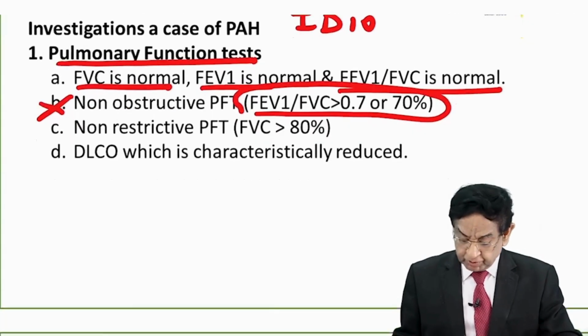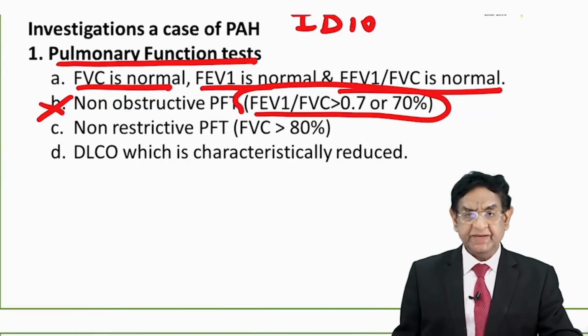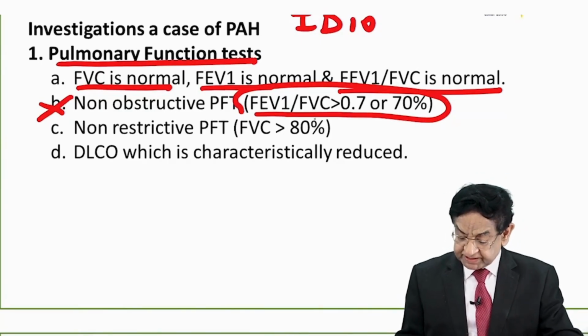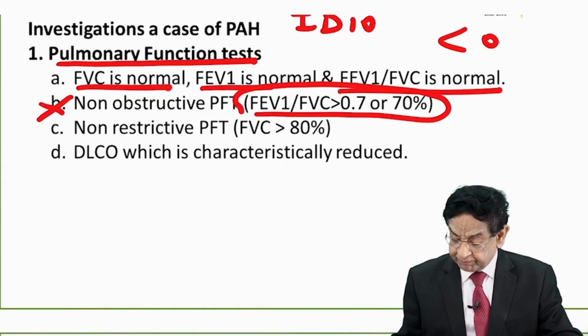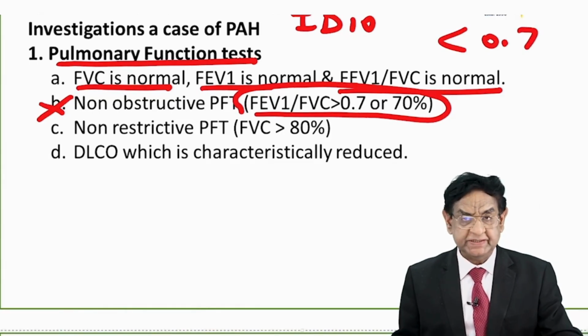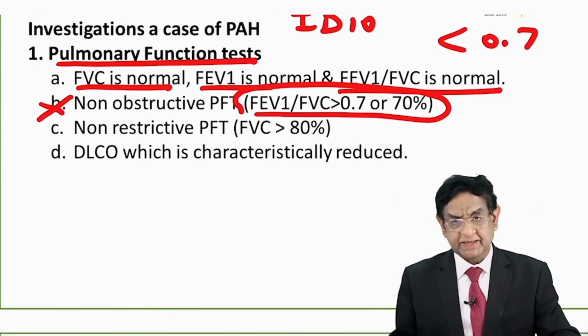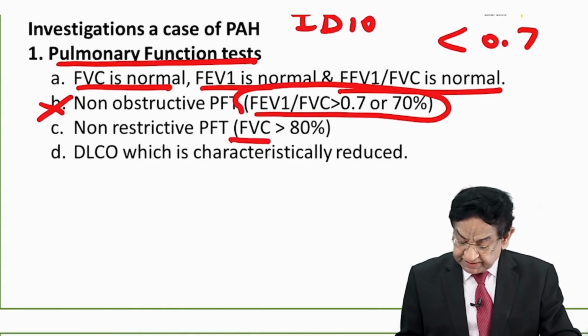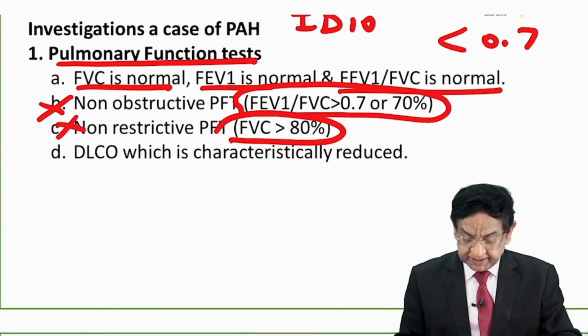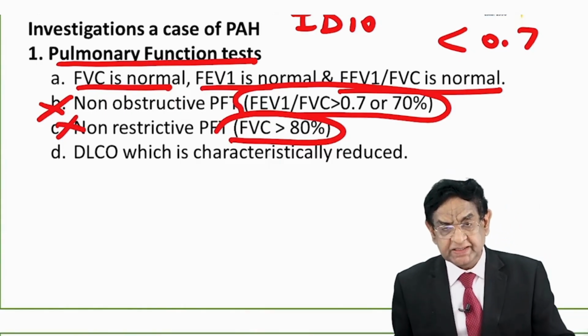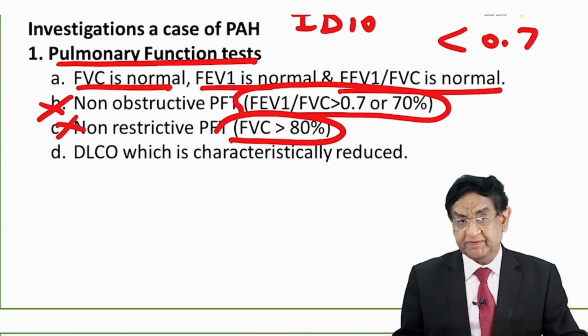Remember the basic lung function test: in obstructive airway disease, this ratio is less than 0.7. It is more than 0.7, so it's not obstructive. FVC is normal, so it is not a restrictive disease. So neither obstructive nor restrictive.